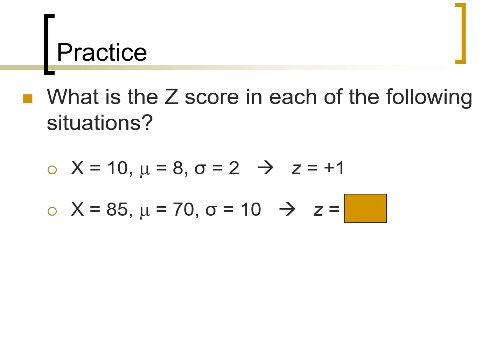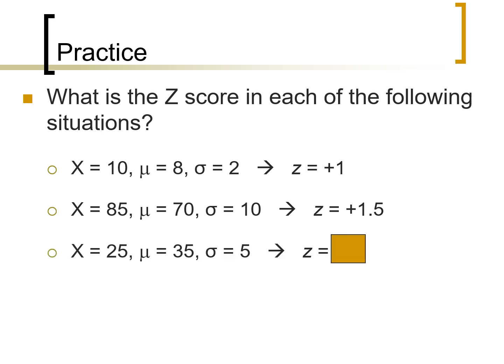Our next example, 85 minus 70, 15 over 10 gives us a z-score of positive 1.5. Now we have 25 minus 35, so this raw score is below the mean, so we know that the z-score is going to be negative. Negative 10 divided by 5 gives us a z-score of -2.